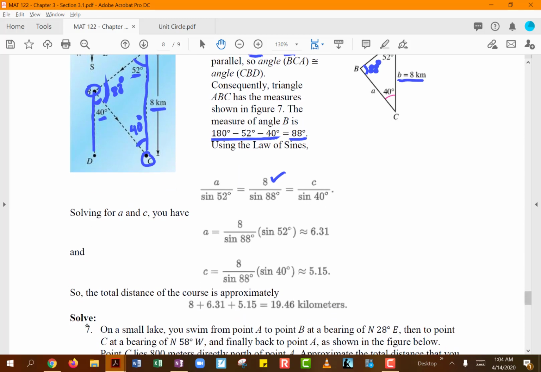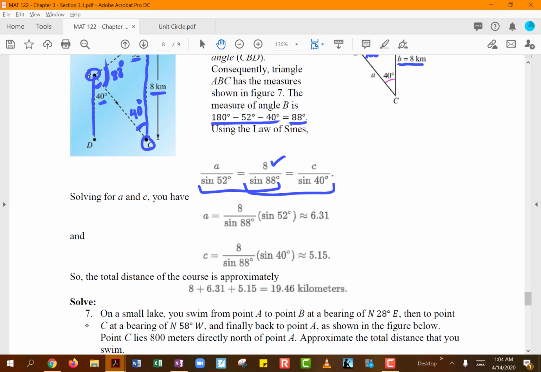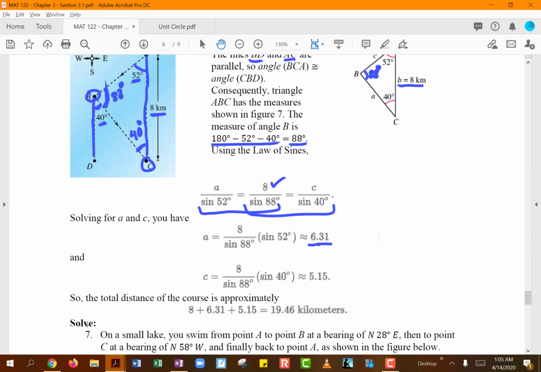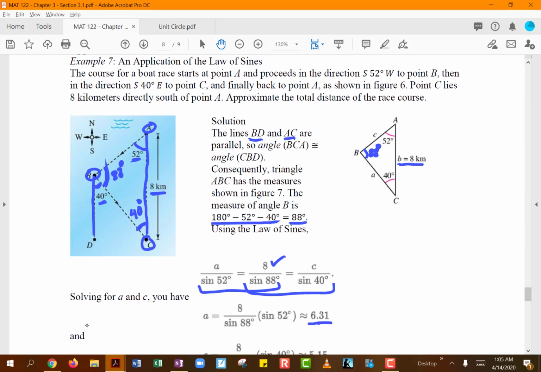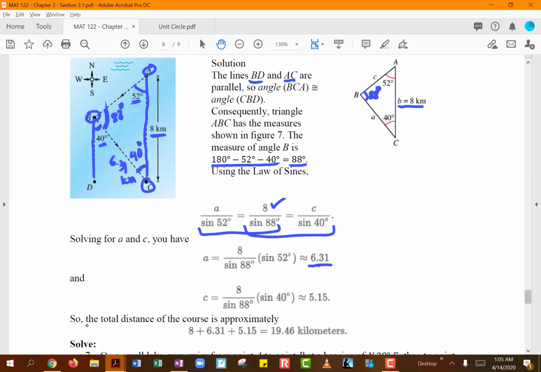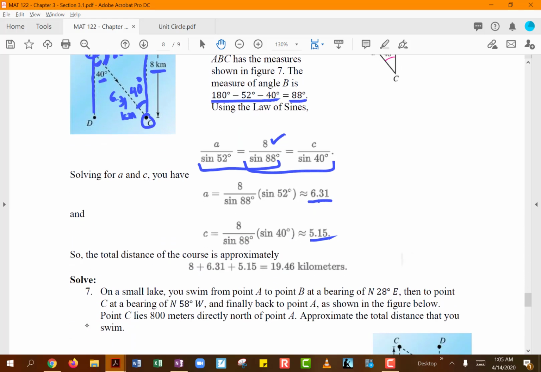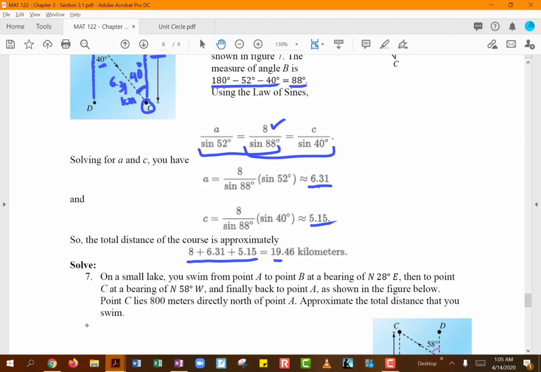Based on these formulas, you can go ahead and calculate your missing sides A and C. That comes out to be 6.31 kilometers for side A, and side A will be this one here. So this is coming out to be 6.31 kilometers, and then side C comes out to be 5.15 kilometers. So that's 5.15 kilometers here, and then you can add all of those three sides to get the total distance that this race was going to be.